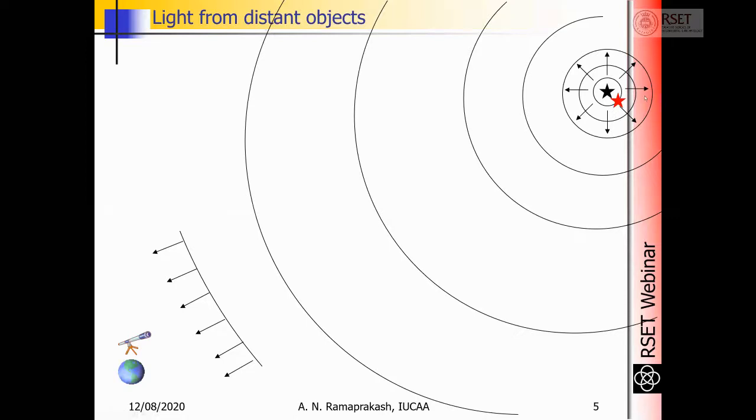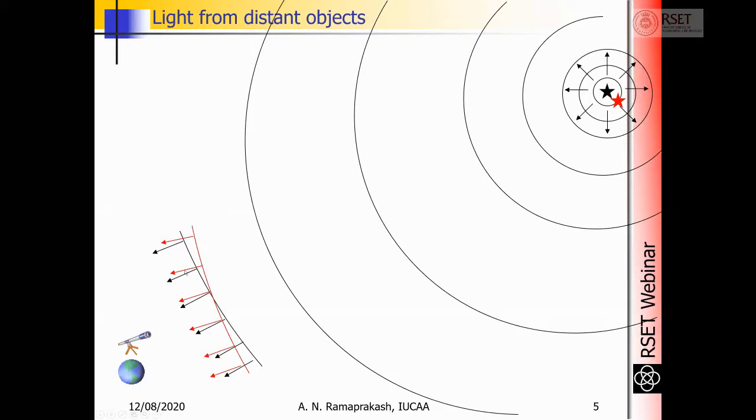If you think of the light radiating from the red star, it will arrive here as a plane wavefront, with the rays all mostly parallel. But they will arrive at an angle, because this wavefront is now centered on the red star. The red wavefront is centered on the red star, and the black wavefront on the black star. And because of that, there will be an angle of arrival difference.